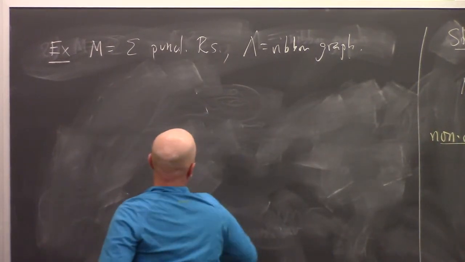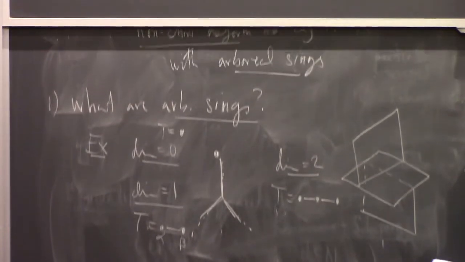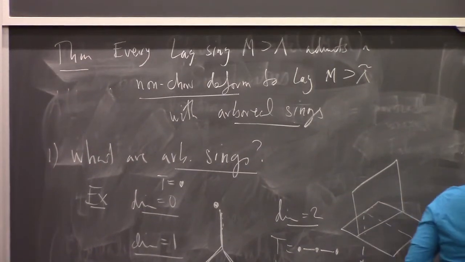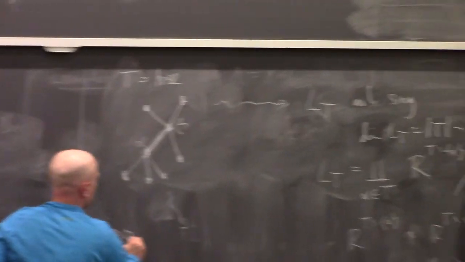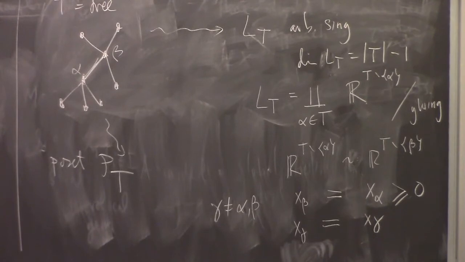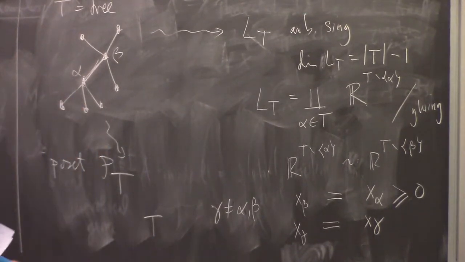So maybe let me try to do it up here. Associated to a tree is a natural poset. Let's call it P sub tree. So what is it? It's the poset of all correspondences of trees.